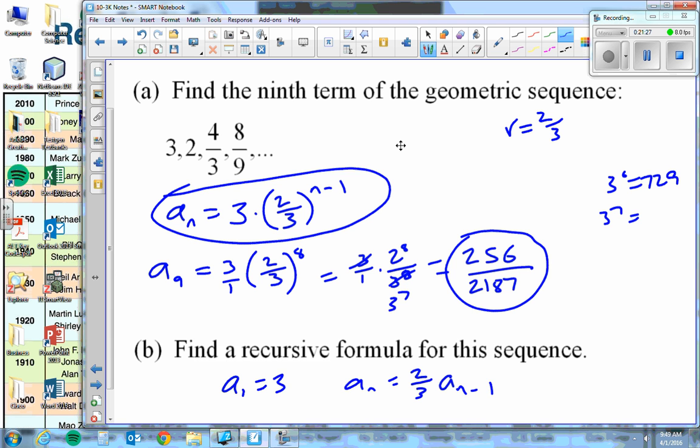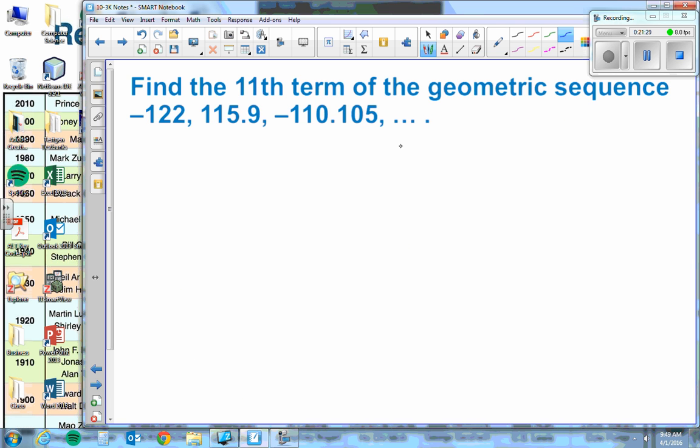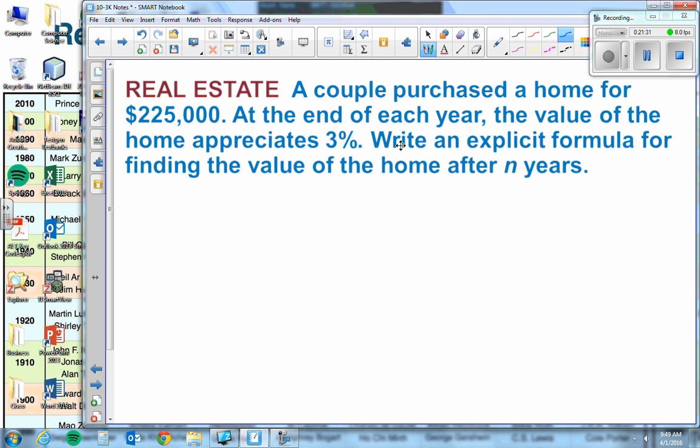All right. Something a little different. Just watch this one. You have an initial value of 225,000, and then the value appreciates by 3%. I want a formula that gives me the value of the home after so many years. So my question is, what are you multiplying by to get the new value of the home?